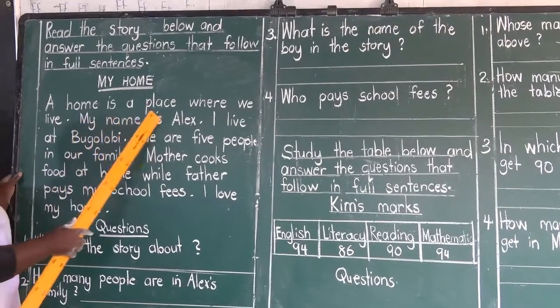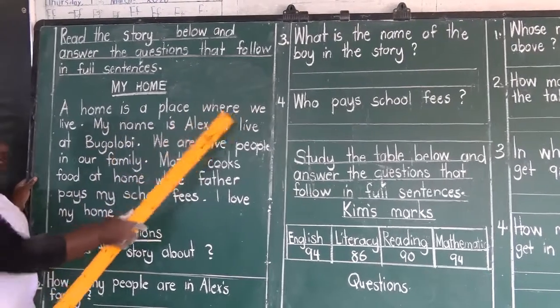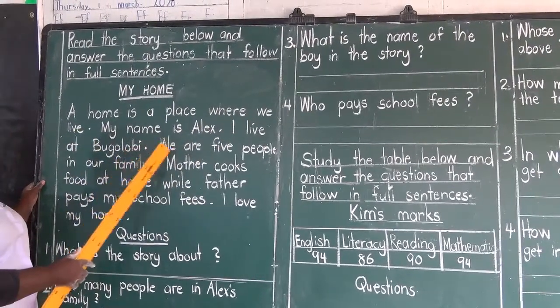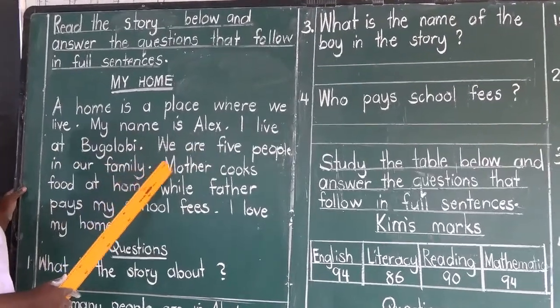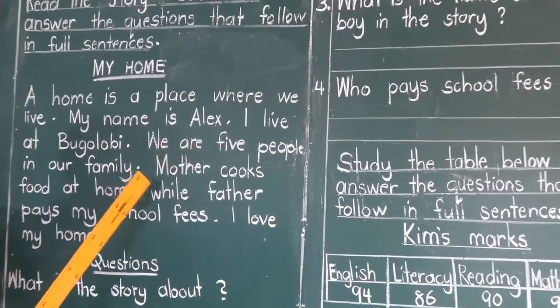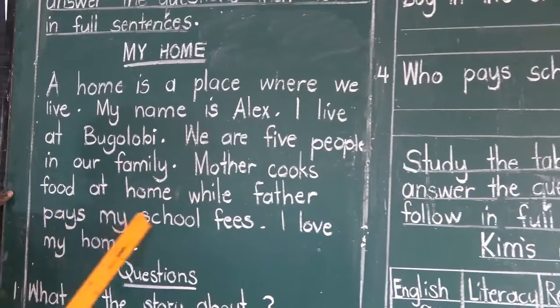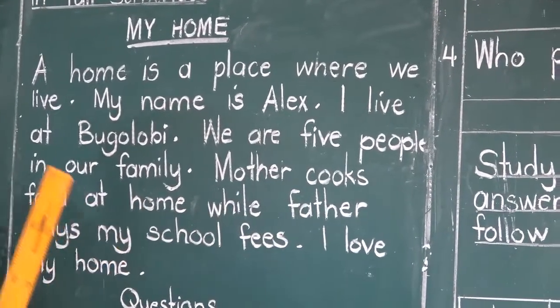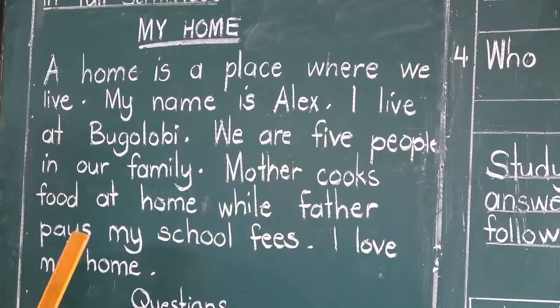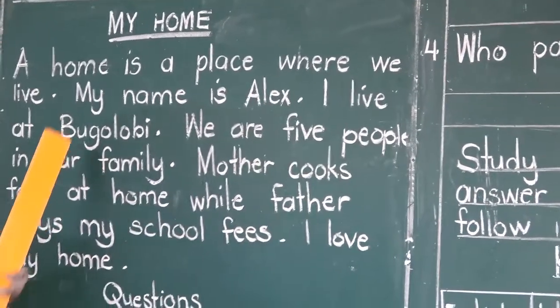My name is Alex. I live at Bugolobi. We are 5 people in our family. Mother cooks food at home while father pays my school fees. I love my home.